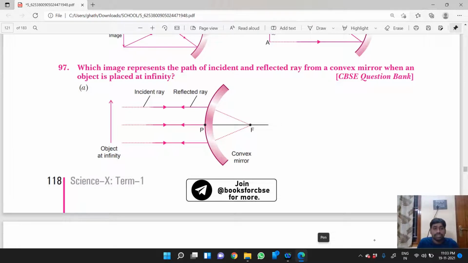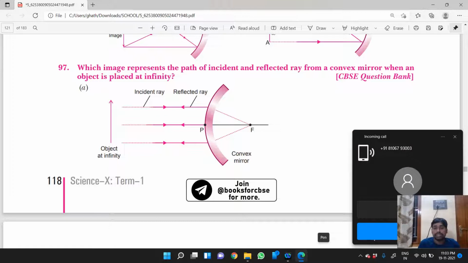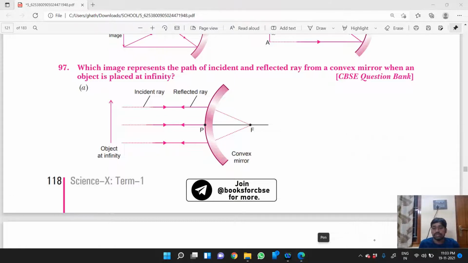Which image represents the path of incident and reflected ray from the convex mirror when an object is placed at infinity?